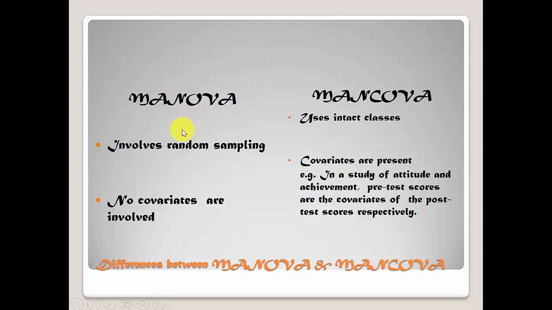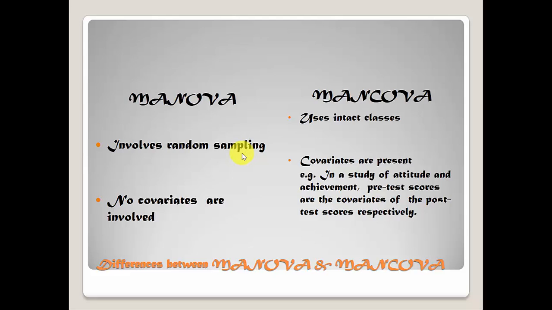Slide 14 compares between MANOVA and MANCOVA. Now, there are two differences. The first one is in MANOVA. Before you think of MANOVA, you have to think of have you randomized?